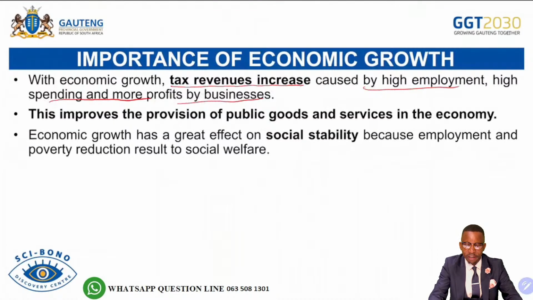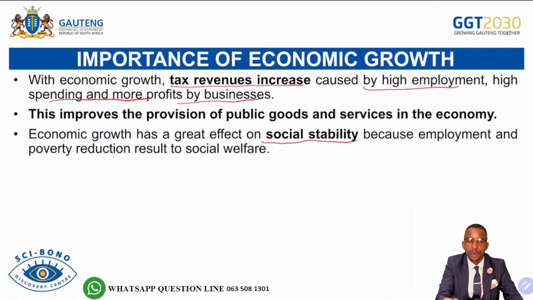Economic growth has a great effect on social stability, because employment and poverty reduction result in social welfare. It can lead to social stability, because once people are employed, there is a lower level of unemployment. For that reason, poverty will be reduced within societies, and that will stabilize the society. Remember, if the majority of people are unemployed, that creates social instability.